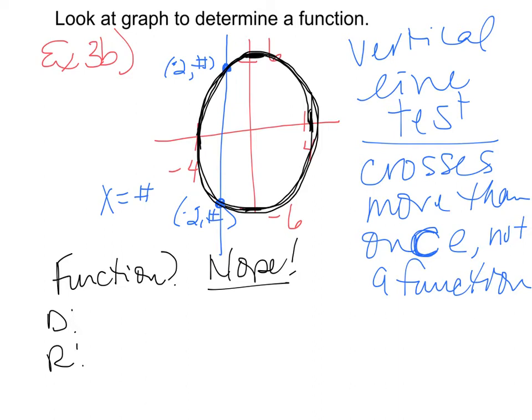Let's do a little interval notation. So if I am looking at my values here that I have, we are going to do this arrow. Here I have -4, and then my graph goes all the way through to +4, and the same thing up here.